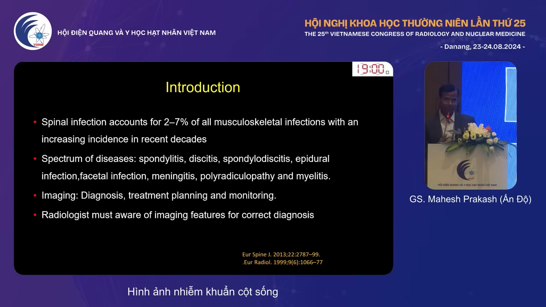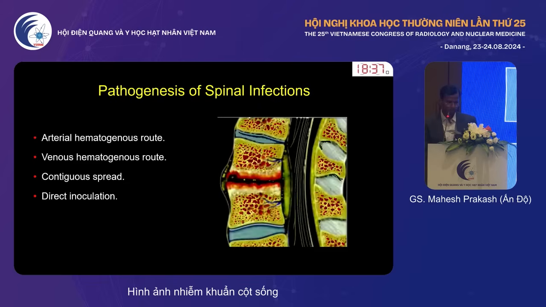Imaging is important not only for diagnosis, but for treatment planning as well as for follow-up of cases. That's why imaging plays a very important role. And as radiologists, we must understand the normal features, the features of particular infections, how to report it, what to report, and what the clinicians need from you.